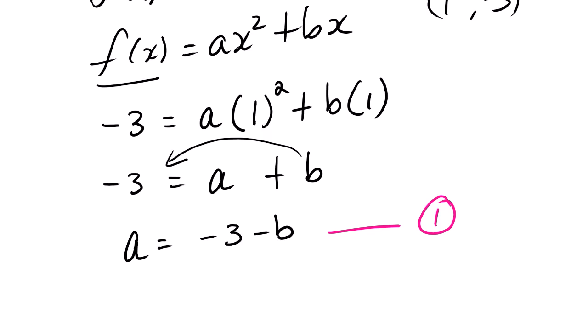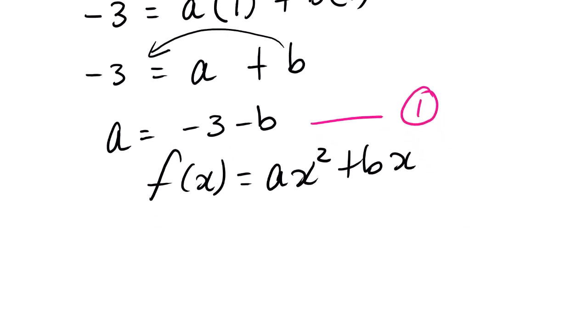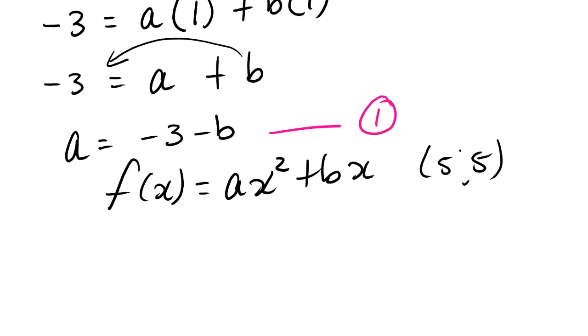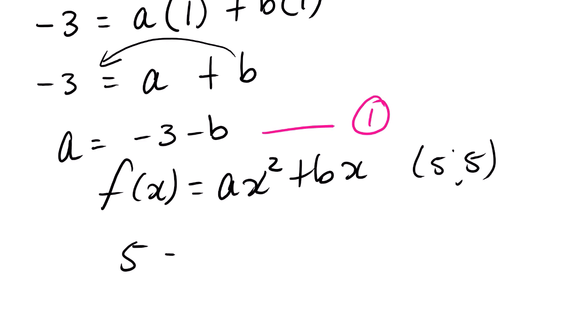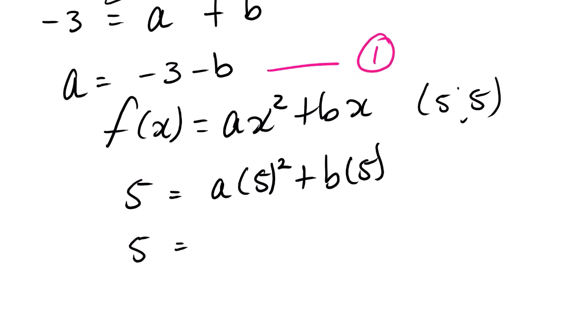We label this as equation 1. Then we move to our next point using the very same equation, y equals ax squared plus bx, and our point is 5 maps to 5. Where we see y, we substitute by 5. It's equal to a times 5 squared plus b times 5. So 5 equals 5 to the power 2, which is 25. 25 multiplied by a is 25a, plus 5b.